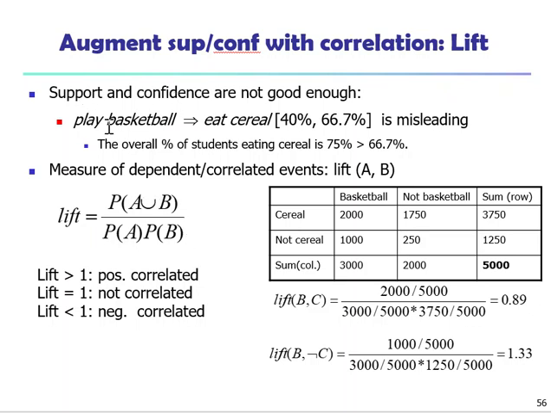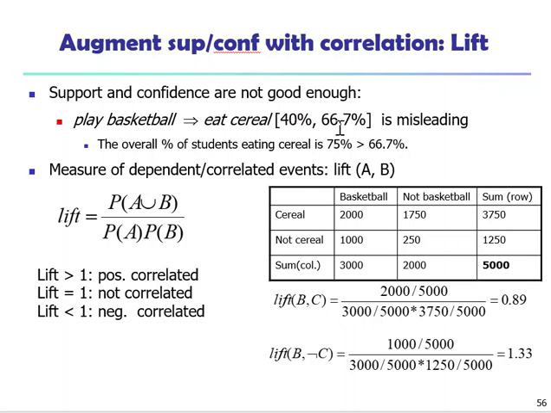Because we observed, in this case, playing basketball and eating cereal among students, if we look at the counts of occurrence here, the support for playing basketball and eating cereal is what? Playing basketball and eating cereal is 2,000 over 5,000. So our support is 40%.